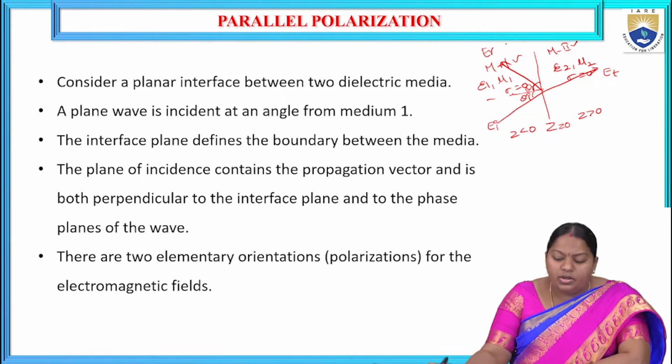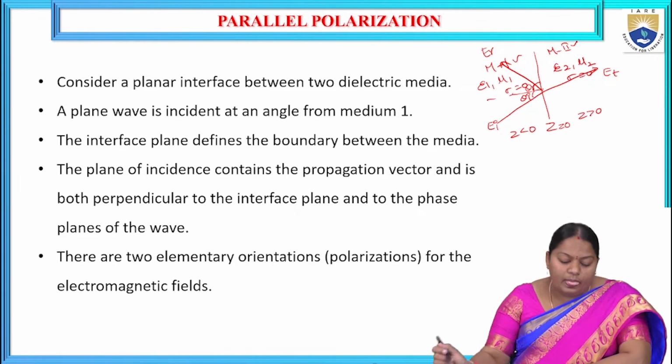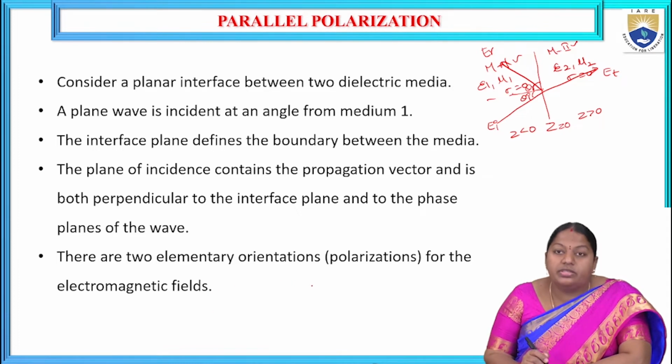The plane of incidence contains the propagation vector and is perpendicular to the interface plane and to the phase planes of the wave. Then there are two elementary orientations. Orientation of the electric field is nothing but polarization for electromagnetic waves, right?